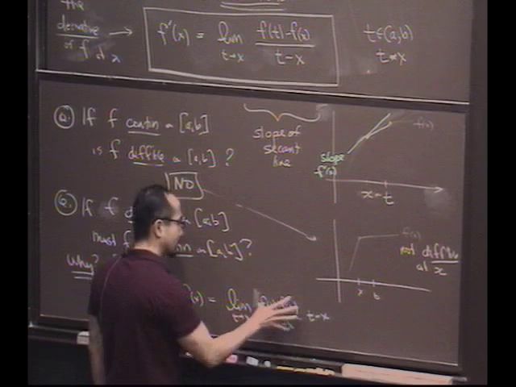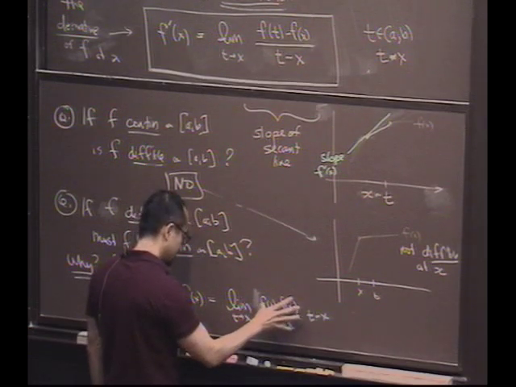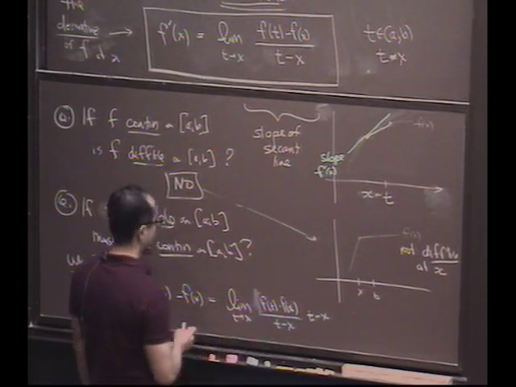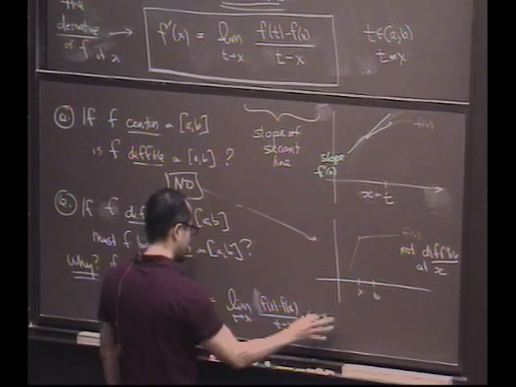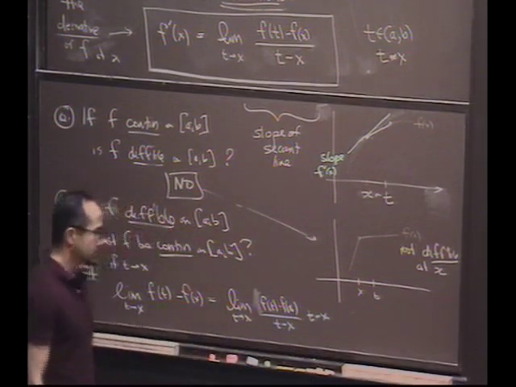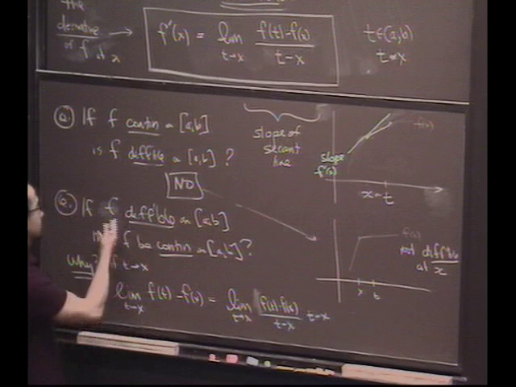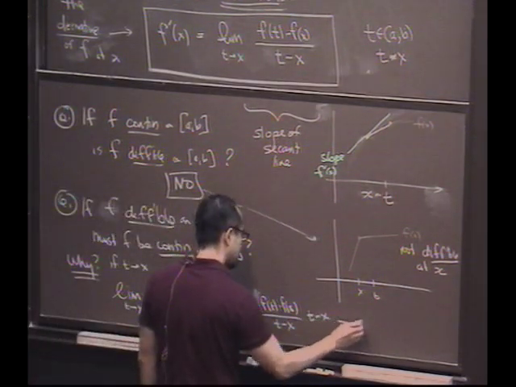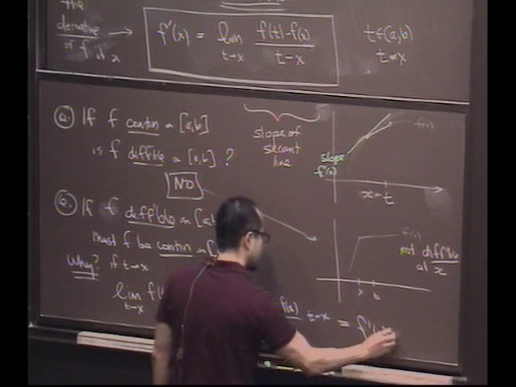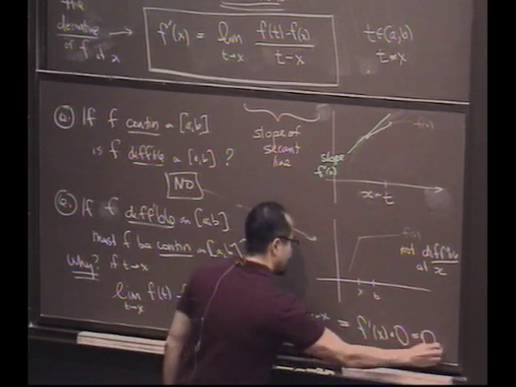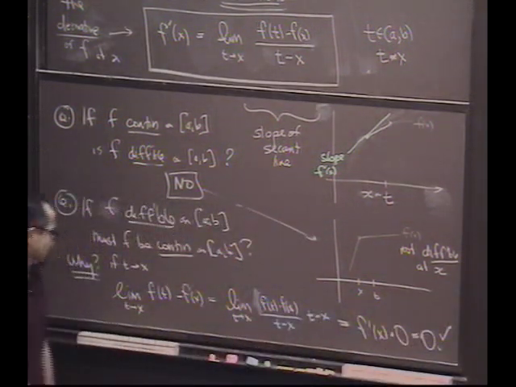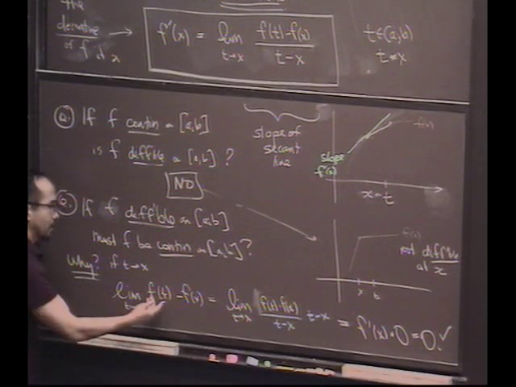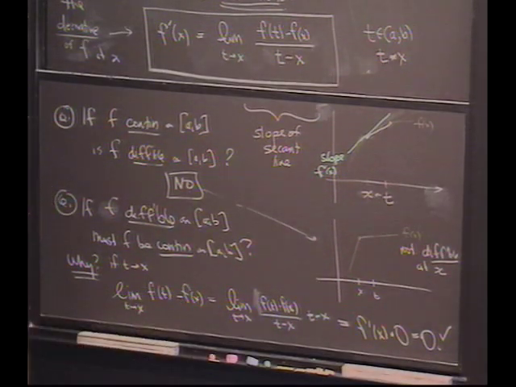What's the limit of this thing, if it exists? F prime. And what's the limit of this thing? 0 if it exists. And if it's differentiable, this exists. And this is clearly 0. So this actually is going to be f prime of x times 0, which is 0. Check. So we've just verified that the limit of f of t is f of x, which is what it means to be continuous. Okay?